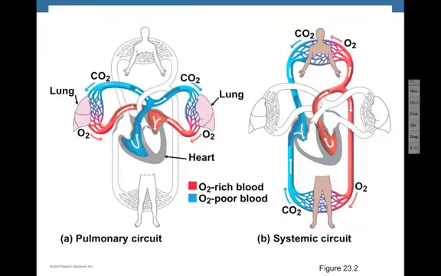The systemic circuit, just like I said before, starts in the left side of the heart, delivers the blood to the brain and the legs, and then from both of those areas, CO2 is brought back to the right side of the heart.